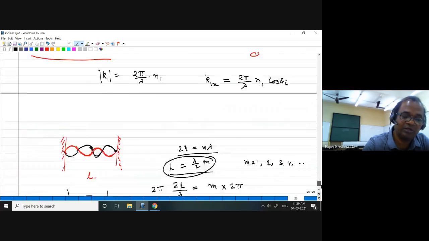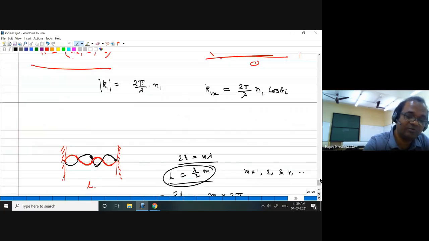So I have written k1x equal to this one. Similarly, I can write k1y will be equal to 2 pi by lambda n1 sin theta I.